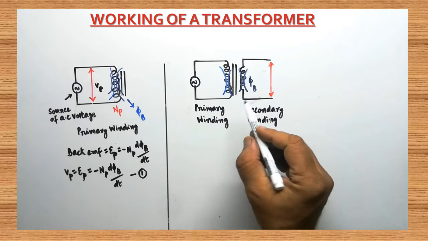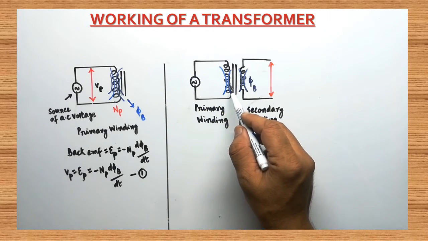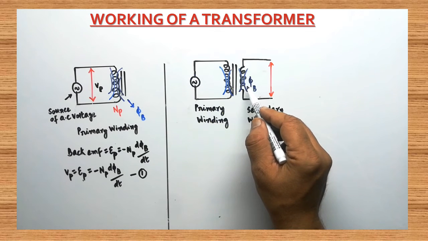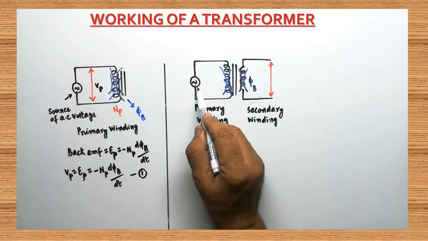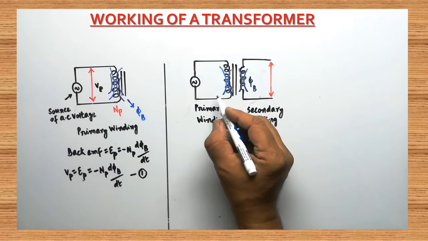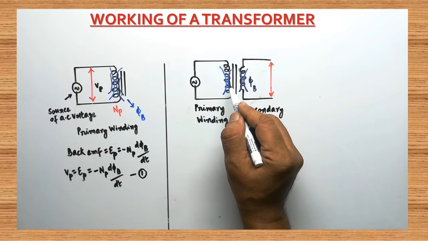Let's come to the second part. Here, very close to the primary coil, the secondary coil is kept. Are you clear? So when the alternating voltage source is connected across the primary, what will happen? Current will vary through the circuit. When current changes, the magnetic flux linked with the primary will change.